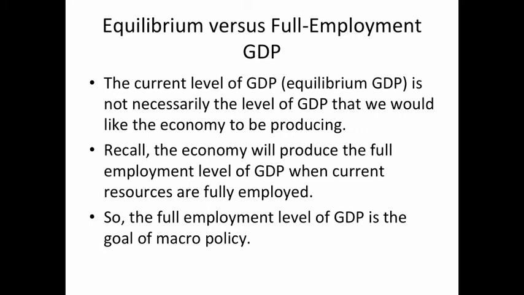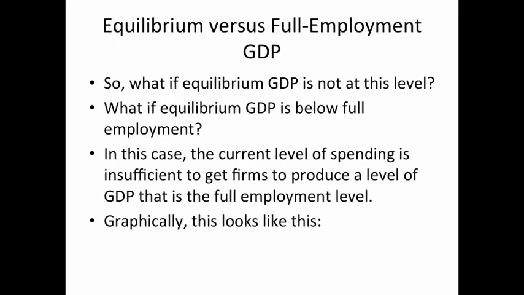But for right now, if full employment level of GDP is the goal for the economy, then once we find the equilibrium level of GDP, we're going to expect that it will be either below or above that full employment level. It might be right there, and if it is, that's great. But what if it's not? So what if equilibrium level of GDP is not at full employment?